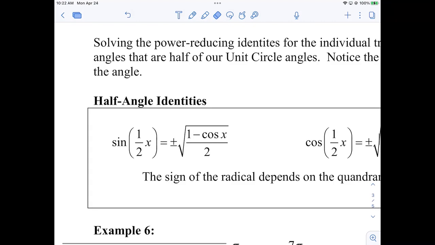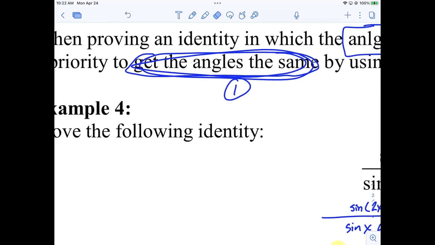You don't think. Half angle identities. Woohoo! Half angle identities. These half angle identities come from the power reducing identities. We just solve it for the sine or the cosine. So here we go. Sine of a half angle x is equal to plus or minus the square root of 1 minus cosine over 2.